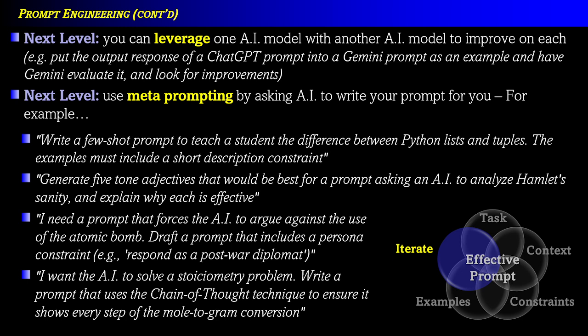Draft a prompt that includes a persona constraint. For example, respond as a post-war diplomat. And finally, I want the AI to solve a specific problem. Write a prompt that uses the chain of thought technique to ensure it shows every step of the multigram conversion. So obviously, by asking AI to write the prompt, you're going to iterate off the prompt it writes for you.